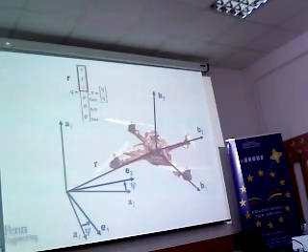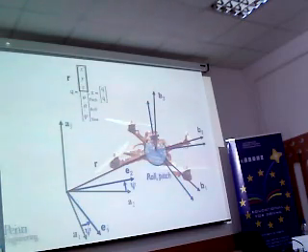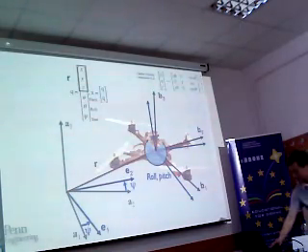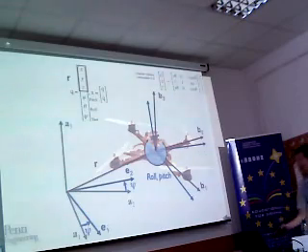First, the yaw down the z-axis, and then the roll and pitch, as we saw before. Recall that the angular rates in the body frame, p, q and r, are related to the derivatives of the roll, pitch, and yaw angles.